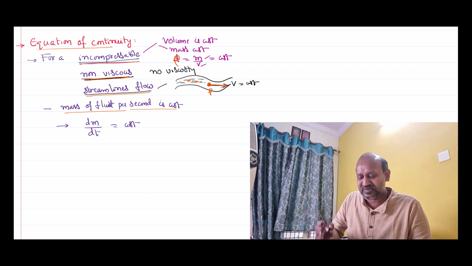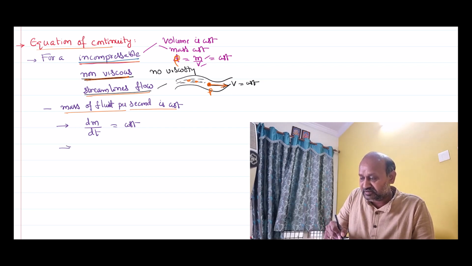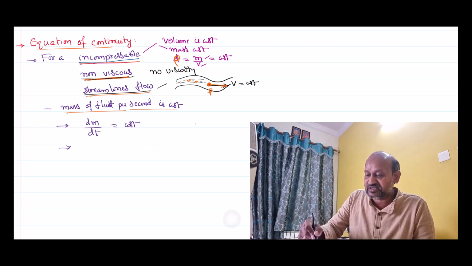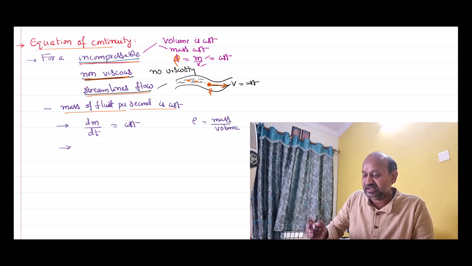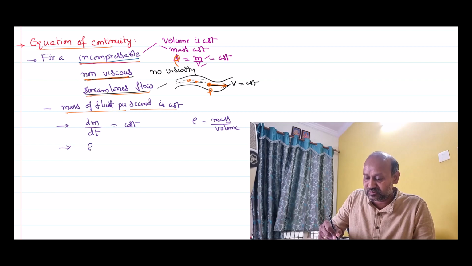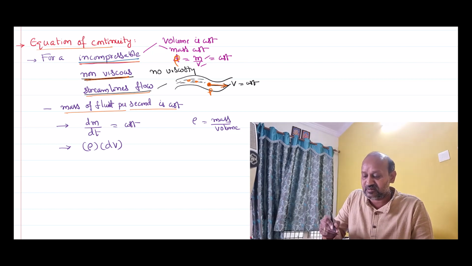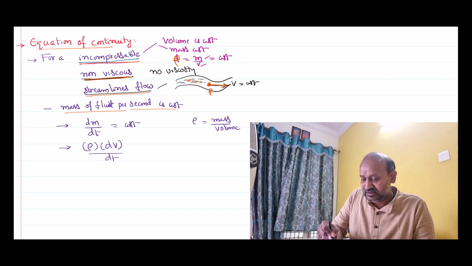If you try to understand it even further, mass can be written, as you know from the definition of density as mass by volume, as density into volume. So, rho into dV, where rho is density and dV is the change in the volume, by dt is constant.